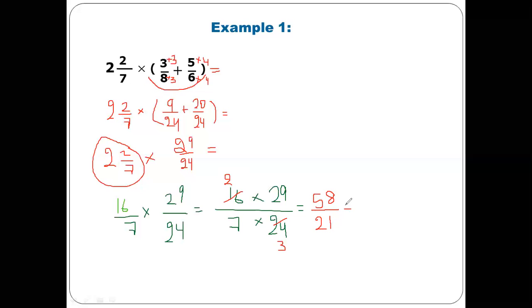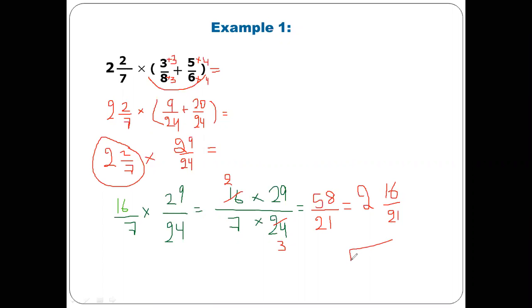I can change this into a mixed number because the numerator is greater than the denominator. I can use long division. I will get 2 and the remainder will be 16 over 21.